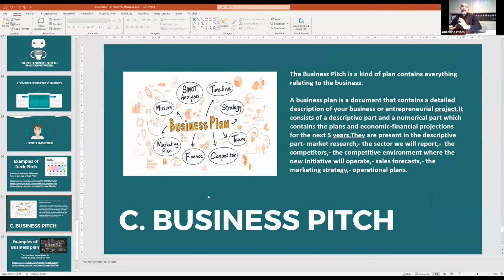Of course, the last step is exactly the business plan. Sometimes, when you have an important company that is going to be realized, the business plan is the first step, not the third. Many times the business plan is exactly the first step, and then you can realize the elevator pitch and the desk pitch.